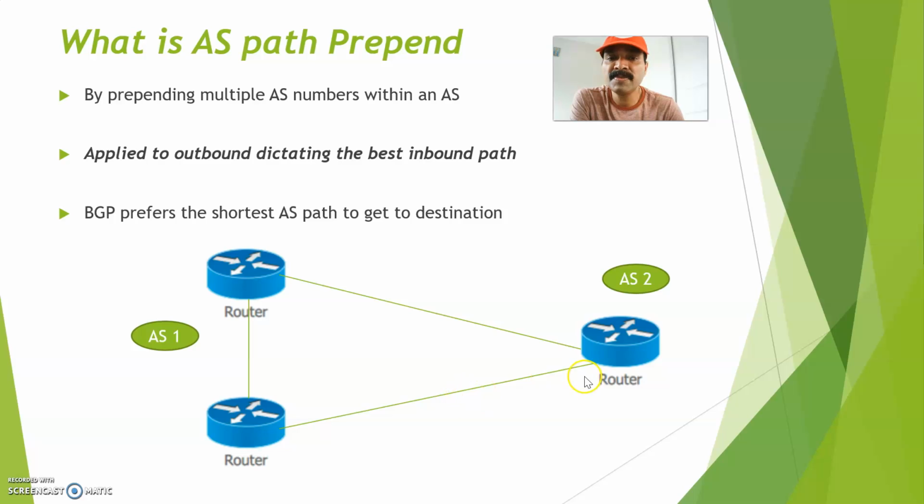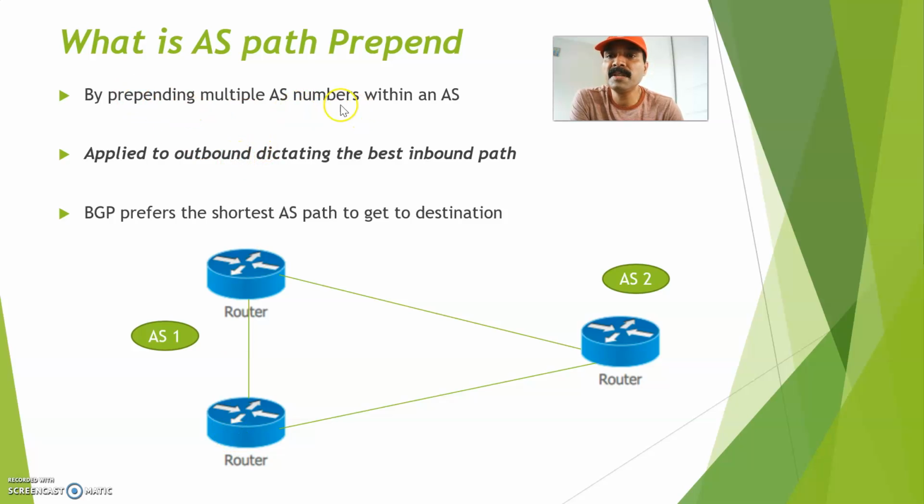Assume I want to make this path the best inbound path. I can prepend its own autonomous system number multiple times, say 111. So what happens? This path will be less preferred and this path will be more preferred. So that is the purpose of BGP AS path prepend.